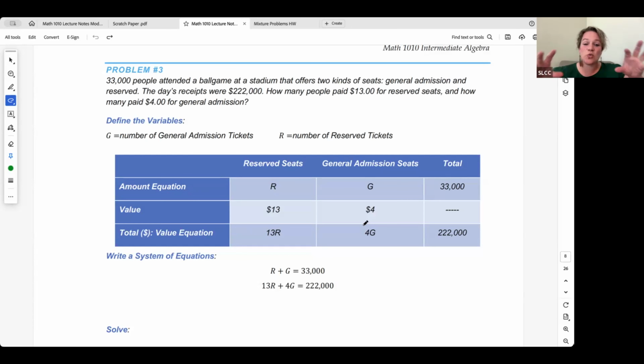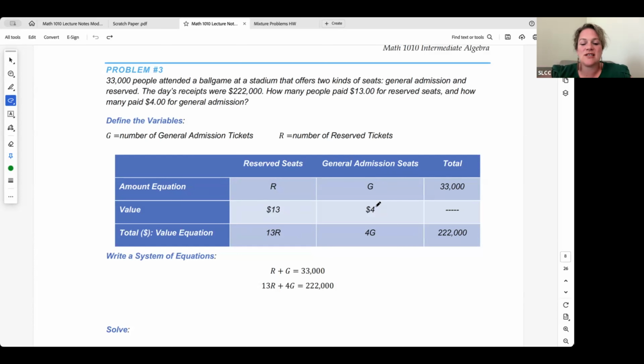With that information, we can also use a table. The amount equation would be R plus G equals the total amount of tickets, 33,000 physical tickets in hand. The value is how much did each ticket cost and how much did they make. So the reserved seats are $13.